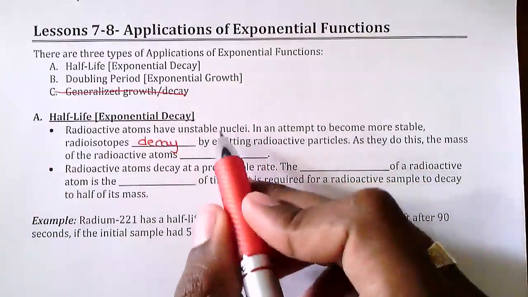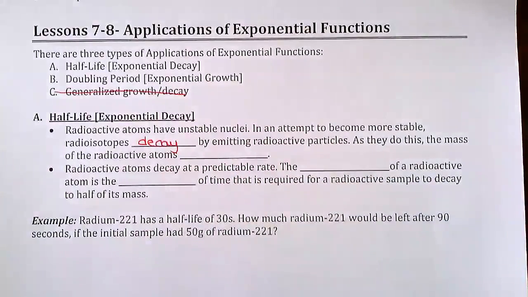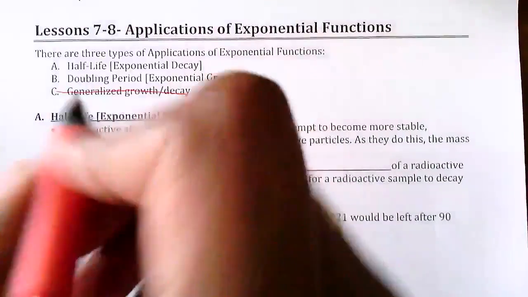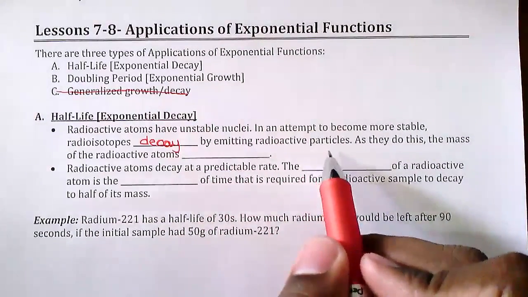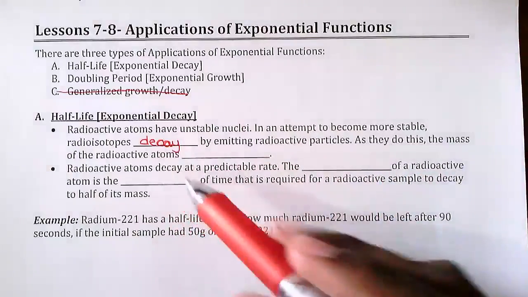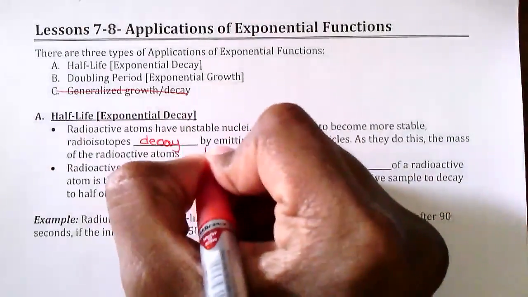So in other words, the nucleus is unstable. It's going to constantly decay or break down in an attempt to become more stable. And as it decays or breaks down, it's going to release radioactive particles in the process. As they do this, the mass of the radioactive atoms decreases.